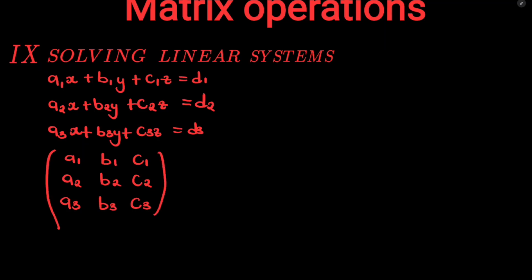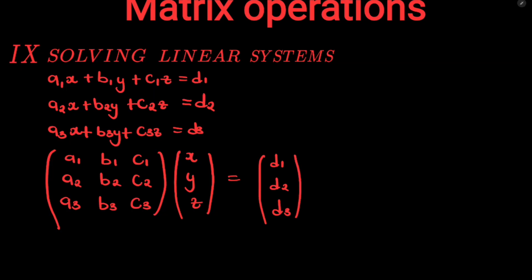Remember, the left hand side will be written as a product of two matrices, times x, y, z, equal to the matrix d1, d2, and d3. It is as simple as that.